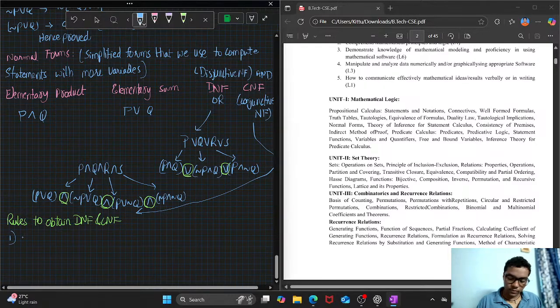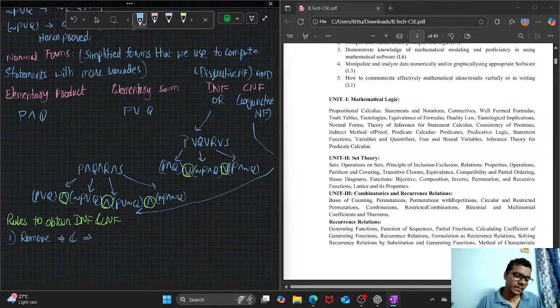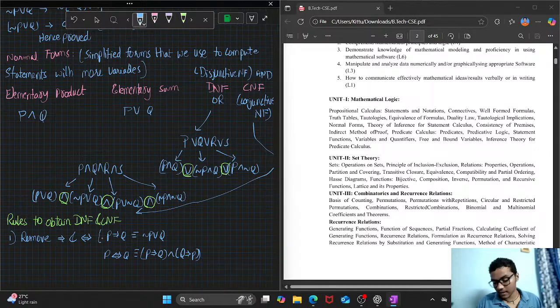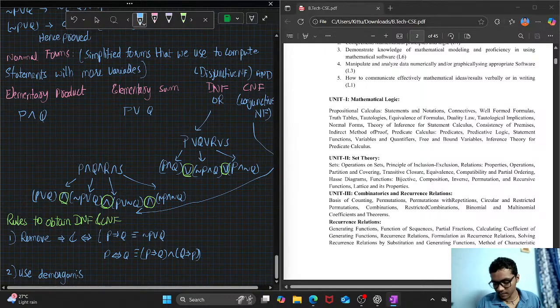So step one is to remove implications, and for implications we have laws. P implies Q is equal to negation P or Q, and P bi-implies Q is actually P implies Q and Q implies P. So by using these laws, you remove the implication and bi-implication, and use De Morgan's law to distribute the negation.